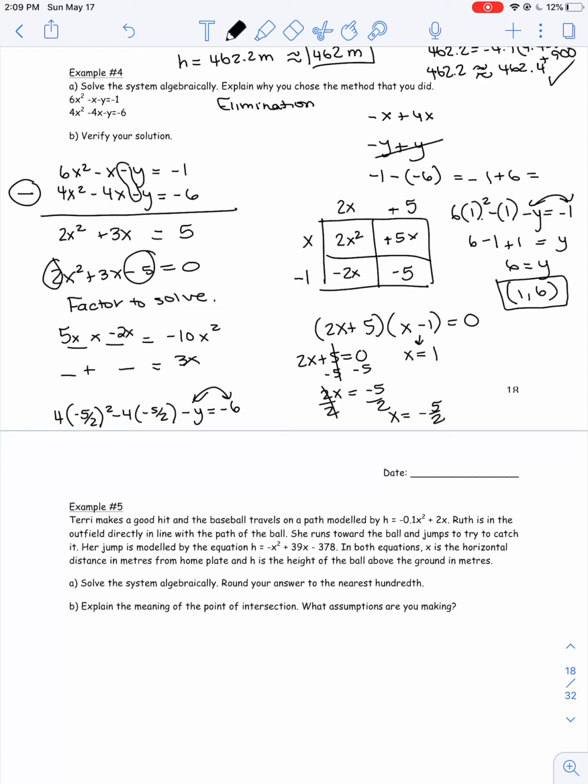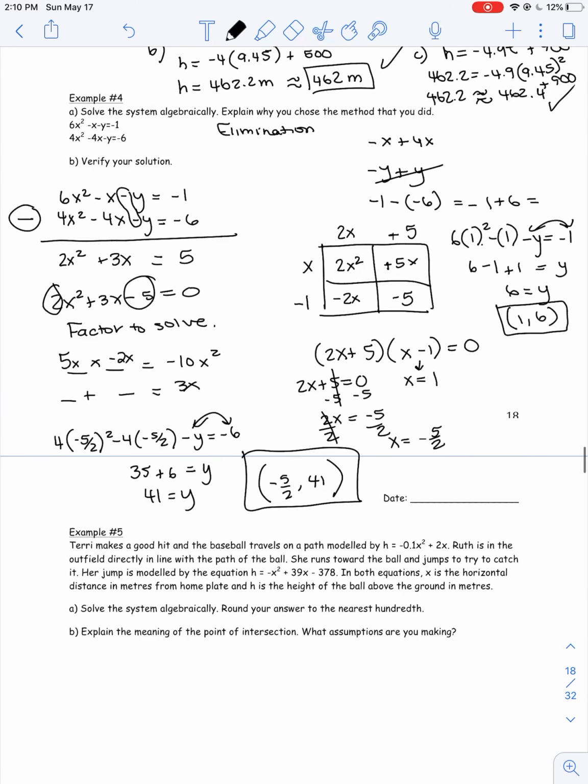Again, these guys will switch sides, and that means they actually switch their signs, so you're going to have to add 6 at the very end. So that gives me 41. So when these guys switch sides, you're going to get 35 plus 6 equals y, which is then 41 for y. So our coordinates will be negative 5 over 2, so that's the x coordinate, and the y coordinate is 41. So make sure that you always give coordinates for these solutions to the equations.